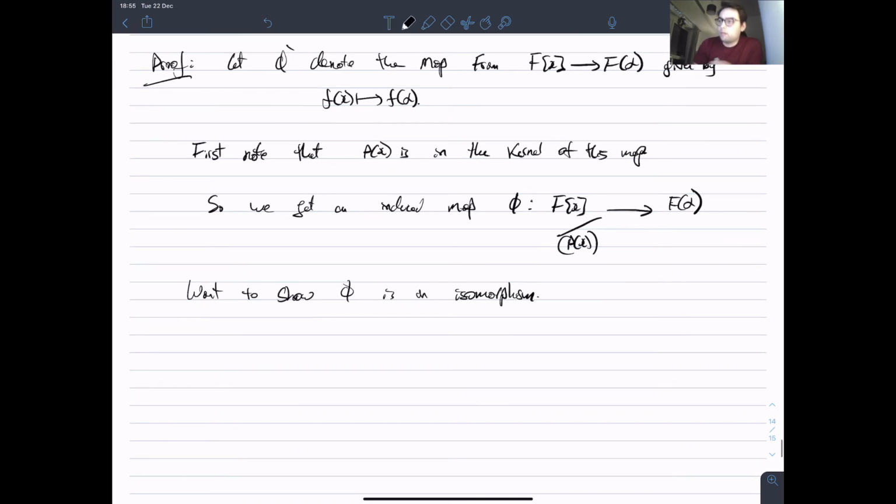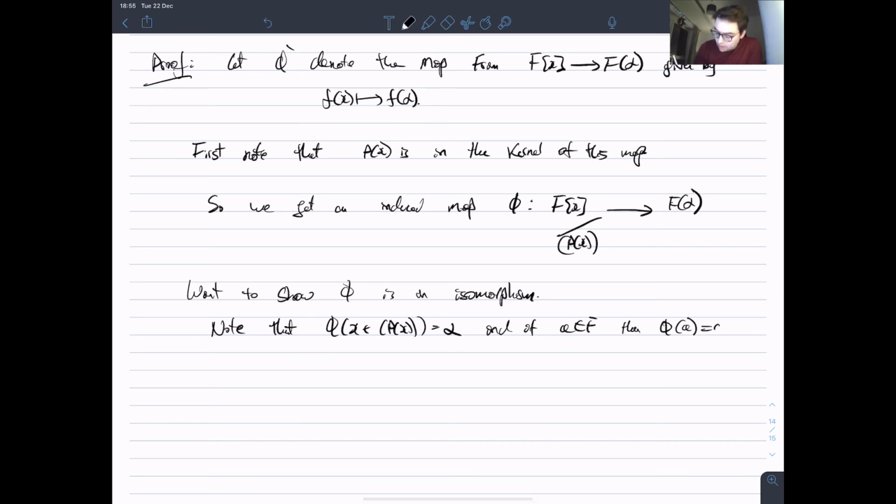So what's the first thing to note? Note that phi of X plus anything in this ideal equals alpha, and if a is in F, then phi of the element a is just a.